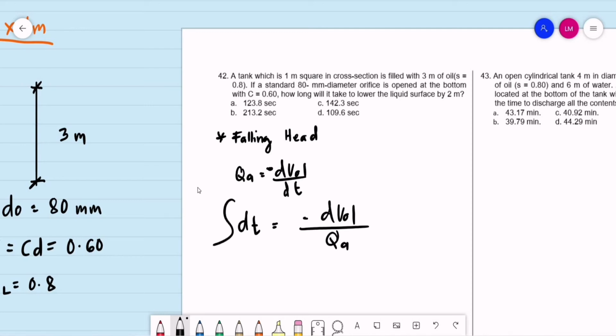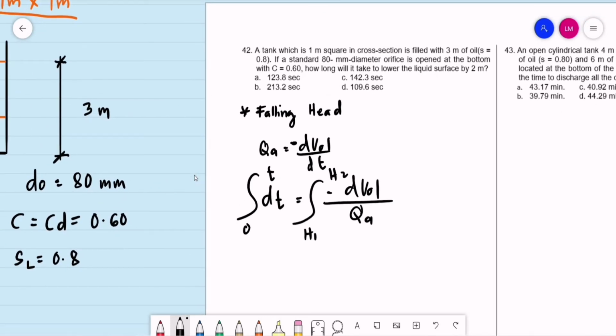Then, integrate natin from both sides. So, this is from 0 to t. Yung kabila naman, from the initial head to the final head. So, yung derivation nito, ilalagay ko na lang yung link nung another video para dun sa derivation.